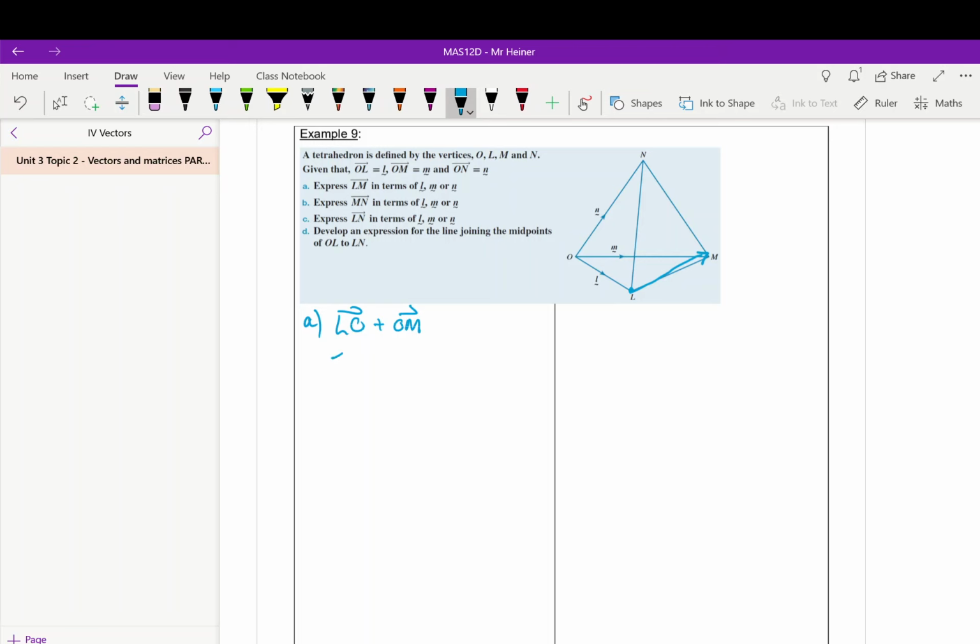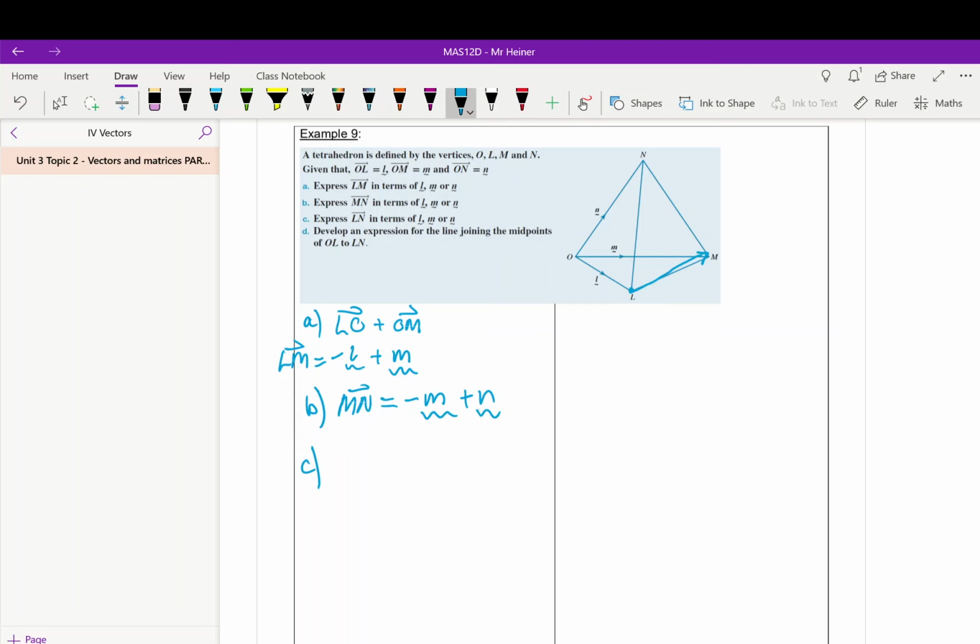Well, that's going to be negative L plus M. So that is our vector for LM. Part B, how am I getting from M to N? Well, I need to go back through M. So MN is equal to negative M, because I'm going towards the left, and then positive N, because we're going up from O to N.